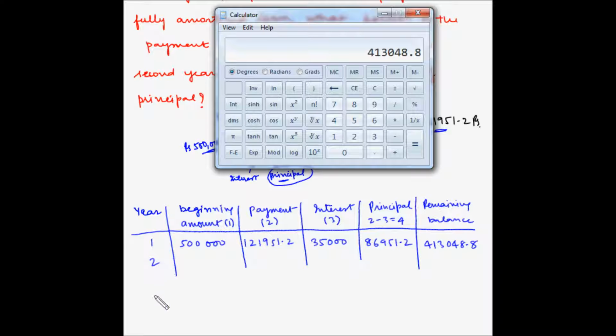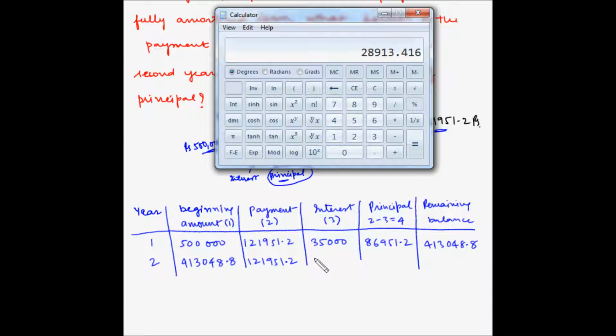Now let's come to the second year. The beginning amount for the second year is the remaining balance of the first year, which is 413,048.8. The payment amount is the same, 121951.2. Interest will be 7% of this amount because this is the principal remaining to be paid off. So we already have 413,048.8 on the screen, and we multiply with 0.07.